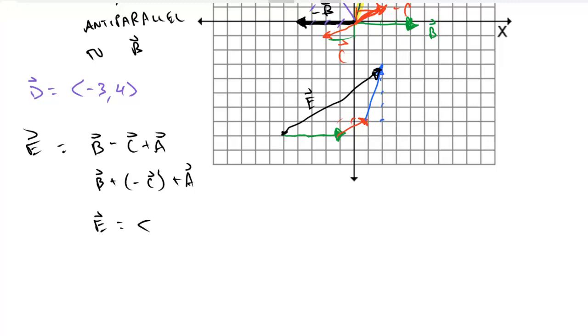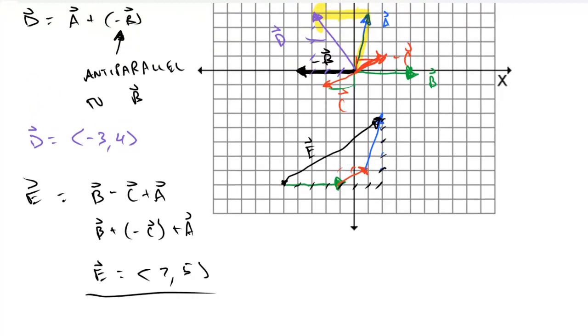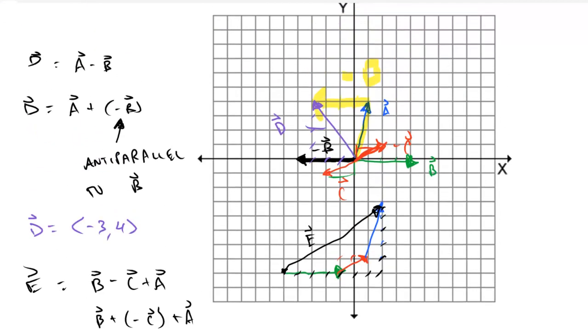So vector E, we just label how it moves. It starts here, then it moves 1, 2, 3, 4, 5, 6, 7 to the right, and it moves upwards 1, 2, 3, 4, 5. So vector E is 7, 5. And that's graphical addition of vectors.